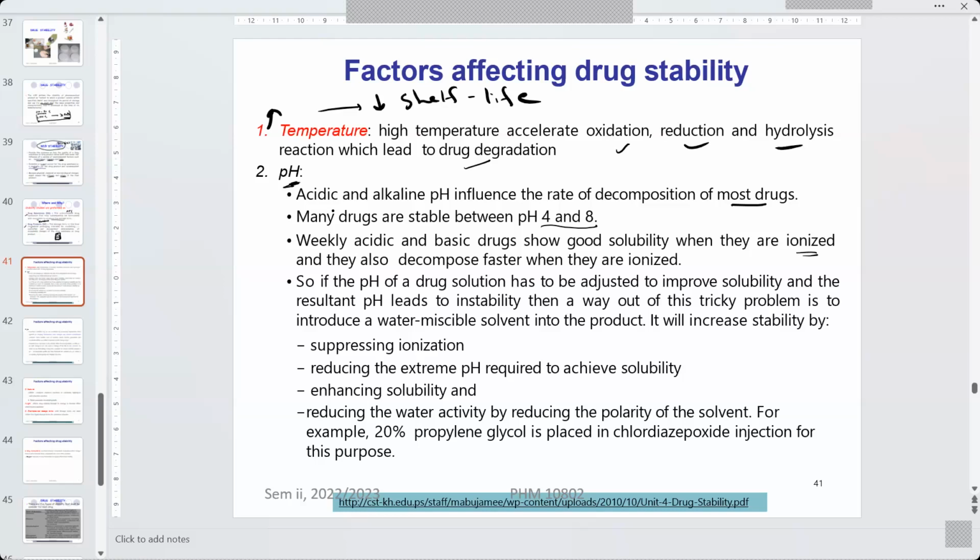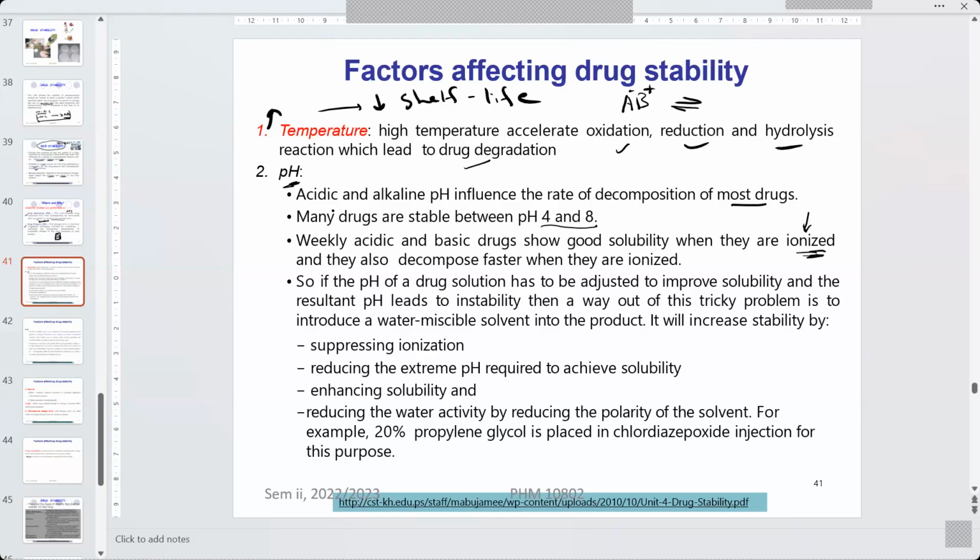So if the pH of the drug solution has to be adjusted to solve a solubility problem, it also needs to be ionized. So you want to increase the solubility, you adjust the pH to make it more ionized. You make it more ionized, then you have an ionization reaction. For example, the drug is composed of AB, say A is negative and B is positive. This is an ionic product.